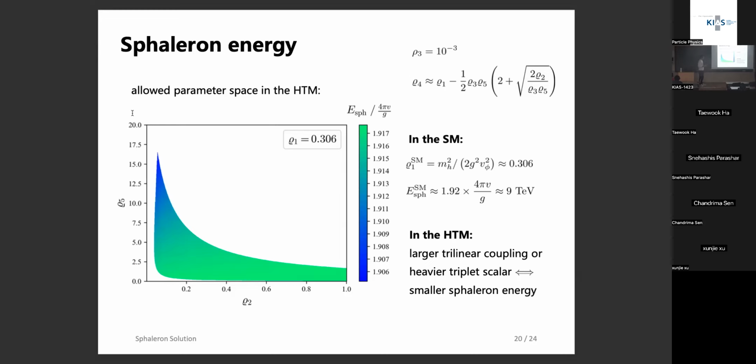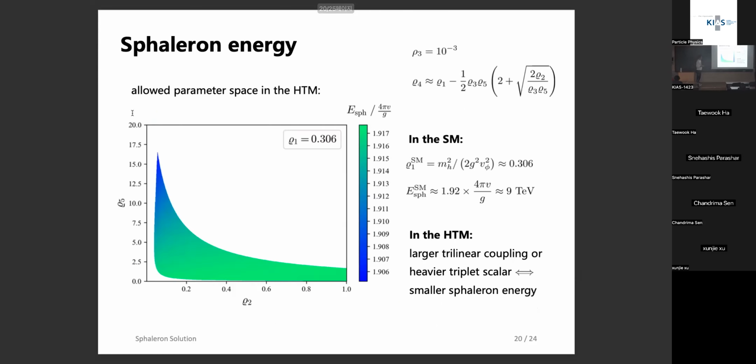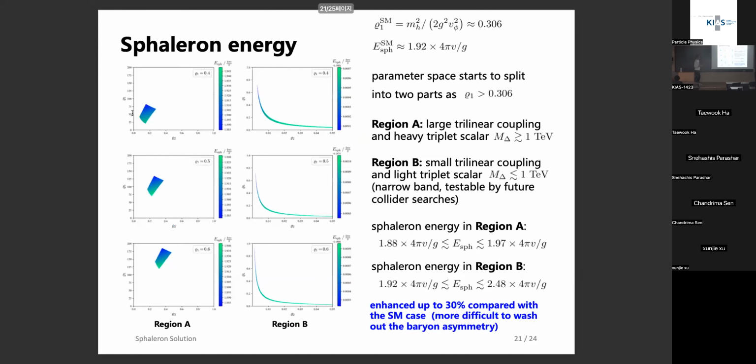We find a larger trilinear coupling or a heavier triplet scalar will correspond to a smaller Sphaleron energy. And as I said, the ρ1 parameter in the standard model is completely fixed by the Higgs mass. But in the Higgs triplet model, the ρ1 parameter is not fixed because you have more parameters in the scalar potential.